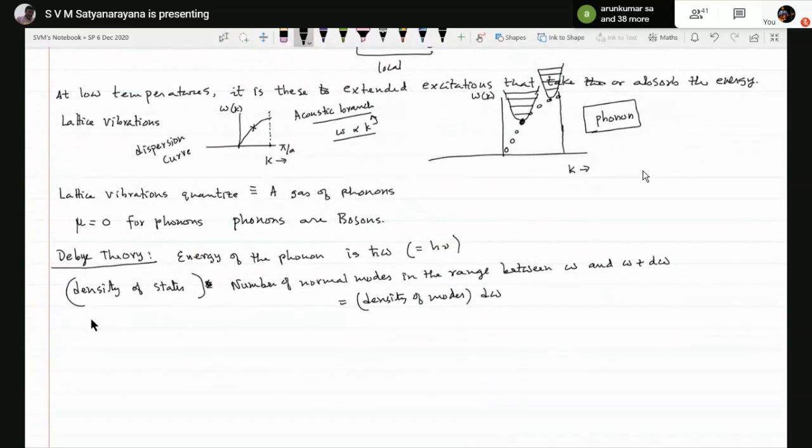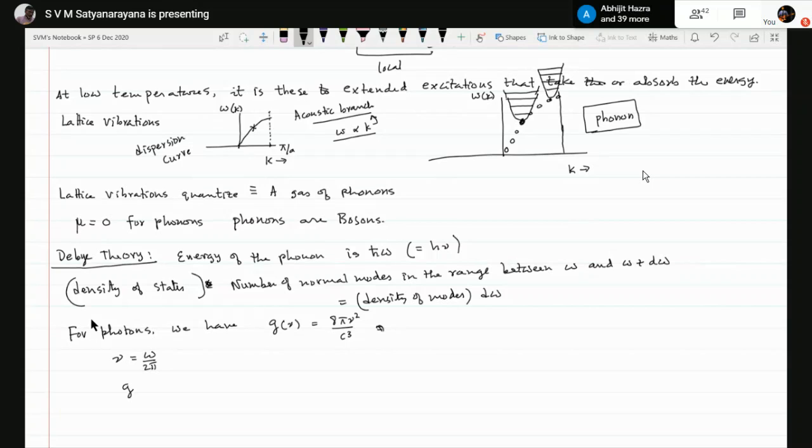And Debye has used Rayleigh's expression, or whatever expression we have used in the Bose case. So for photons, we have this g of nu to be 8 pi nu square by c cube. You know this nu is equal to omega by 2 pi.